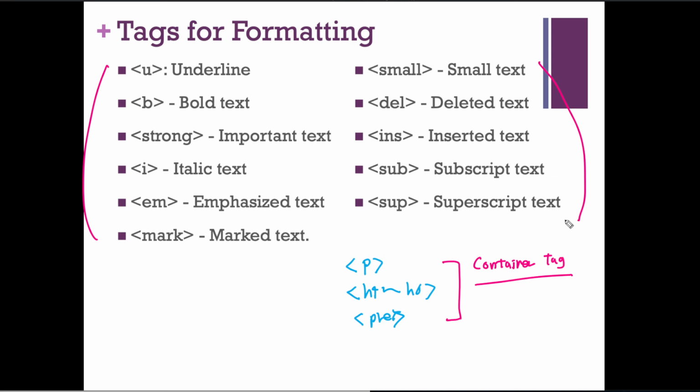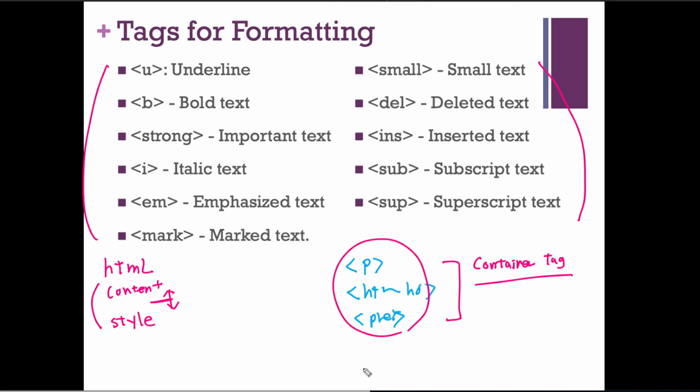I want you to remember this from the very first week I said about HTML. The whole idea is that content and style are separated. Content is delivered by the P tag, H1 tags, or UL or OL tags, ordered list and unordered list.